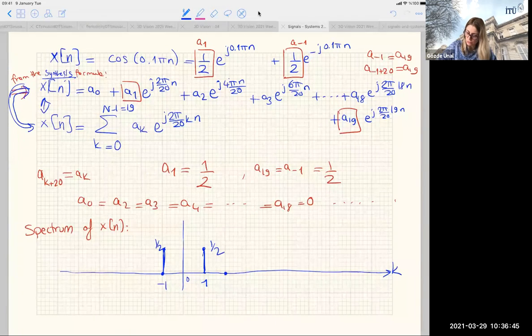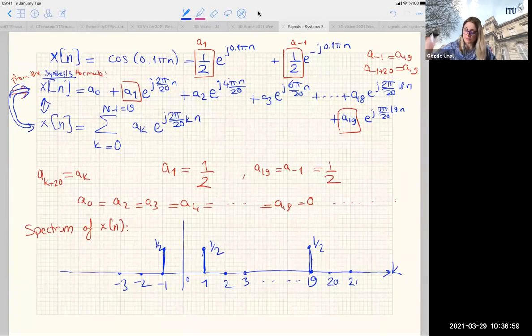Let's say I have a 19, which is again, of course, 1 over 2. 20 is 0. And 21 is again 1 over 2, right? 1 plus 20. Minus the same, do the same here. Minus 19, minus 20, minus 21.